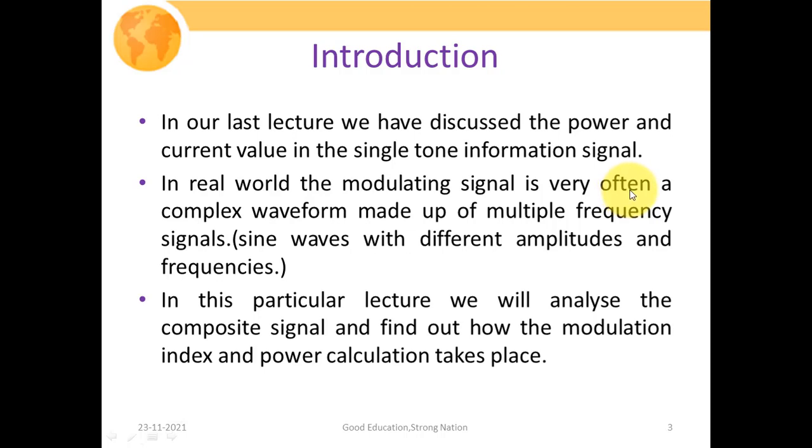So in this lecture, we will analyze the composite signal, that is your multitone signal, and find out how the modulation index and power calculation take place, since our last exercises only considered single tone message signals.